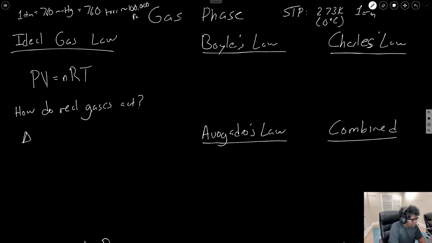So let's talk about this. Change in pressure. An increase in pressure will cause the particles of the gas to come closer, right? So an increase in pressure will lead to a decrease in the volume. But at moderately high pressure, what happens there?